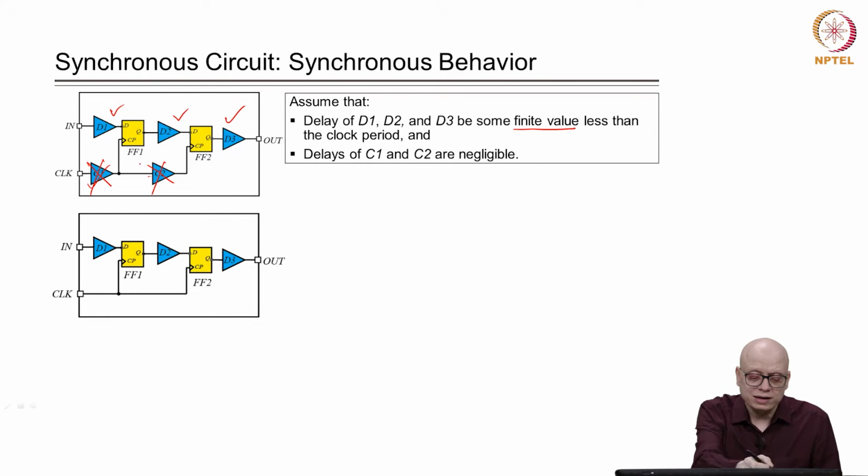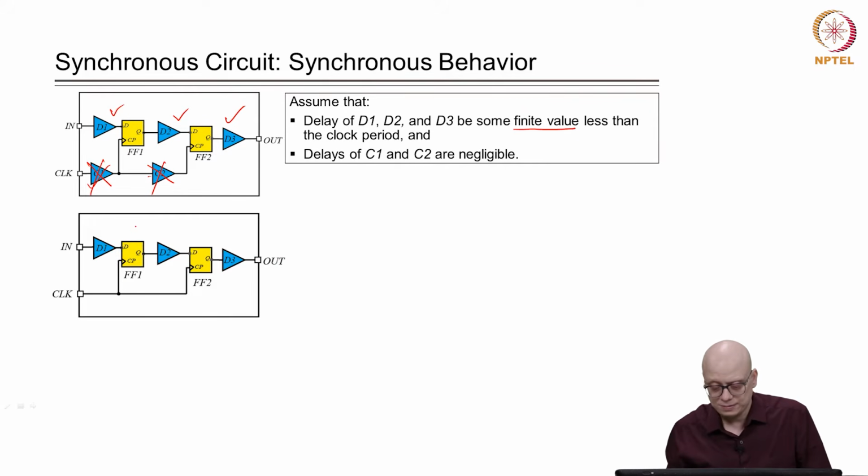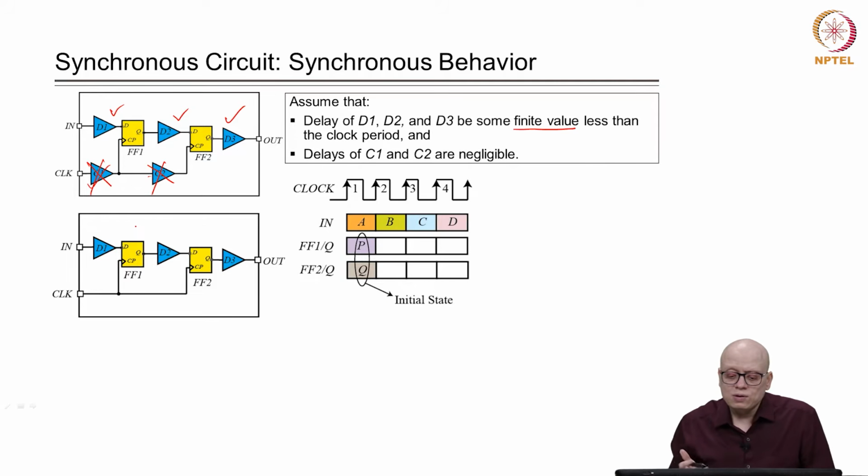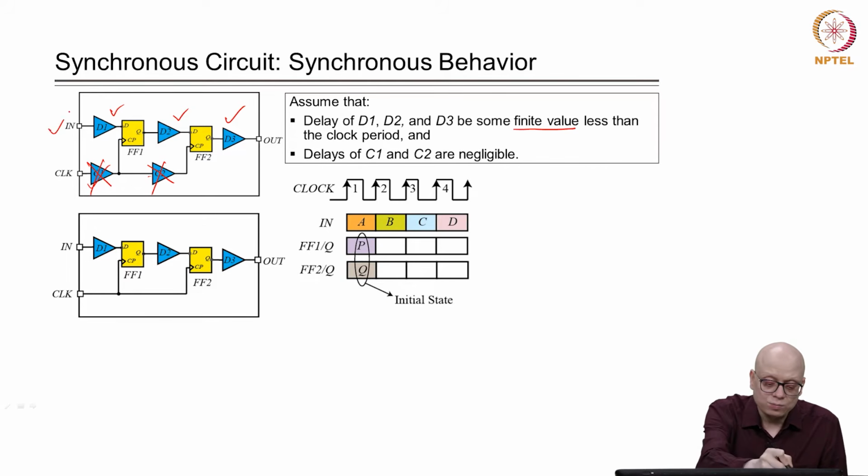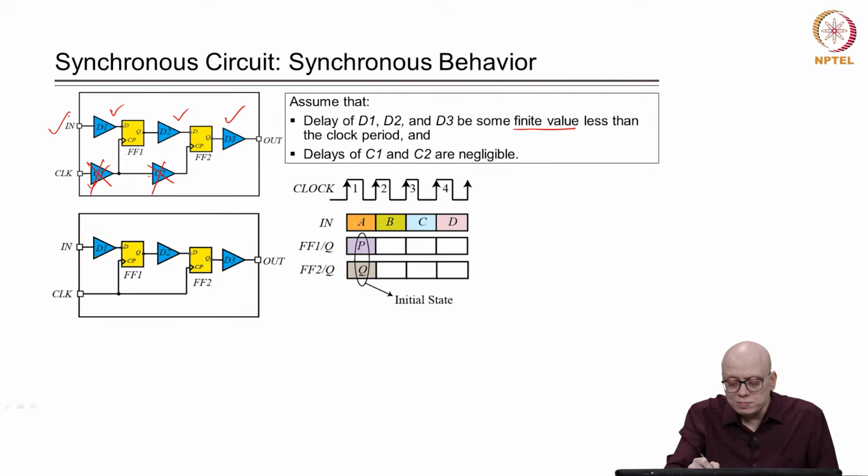Equivalently we can represent the circuit like this. Now, suppose we apply the input A, B, C, D at the input in. What will be the value at these clock cycles at FF1Q and FF2Q?